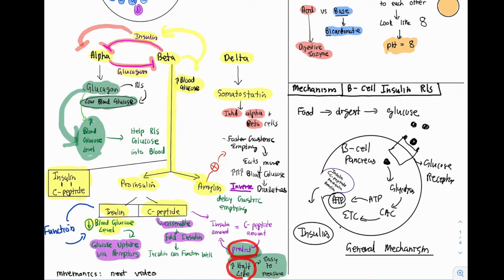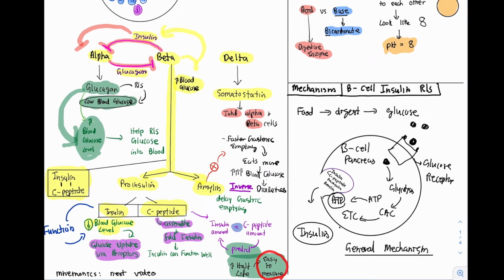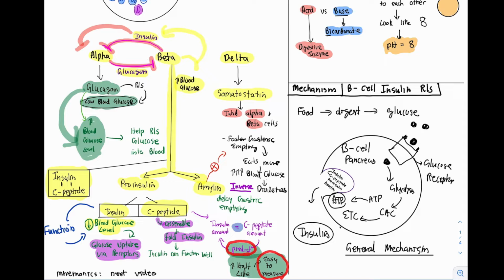So the amount of C-peptide will directly tell us the amount of insulin present. Also note that C-peptide and insulin are attached together, so for every one C-peptide, we have one insulin. So we can predict the specific amount of insulin present by looking at the C-peptide, which has a higher half-life.